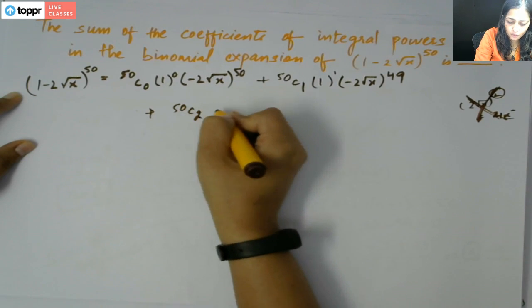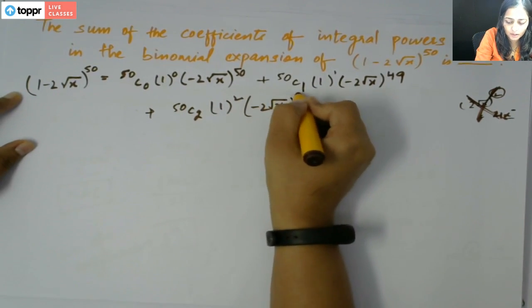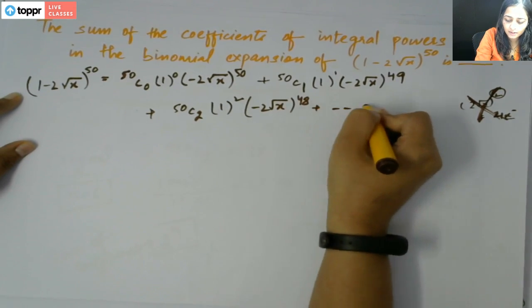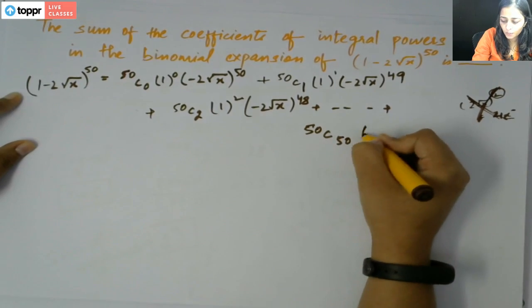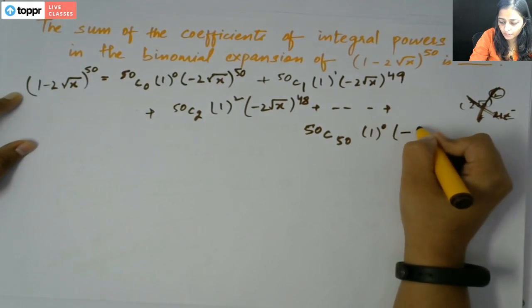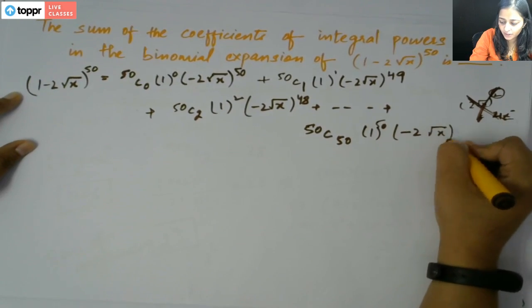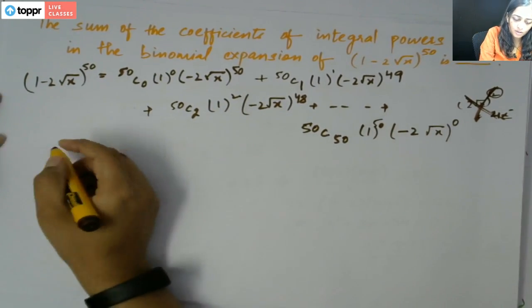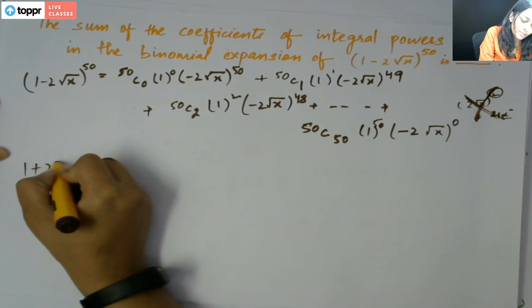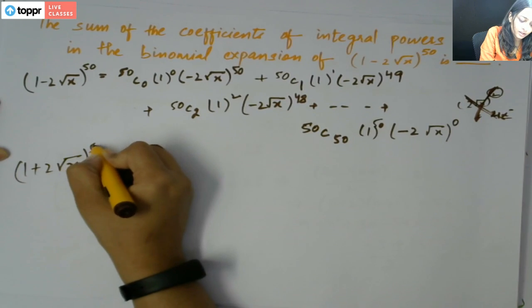50C2 (1 raised to the power 2) minus 2 under root x raised to the power 48, till 50C50 (1 raised to the power 0) minus (1 raised to the power 50) is 2 under root x raised to the power 0. Now let's see if we expand 1 plus 2 under root x raised to the power 50.